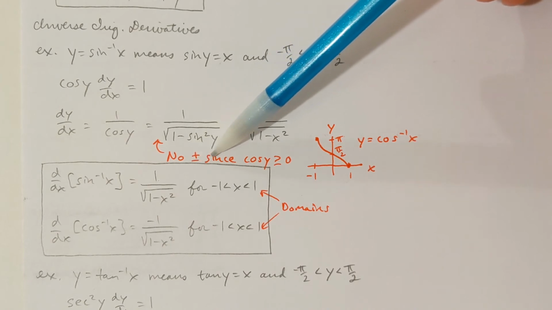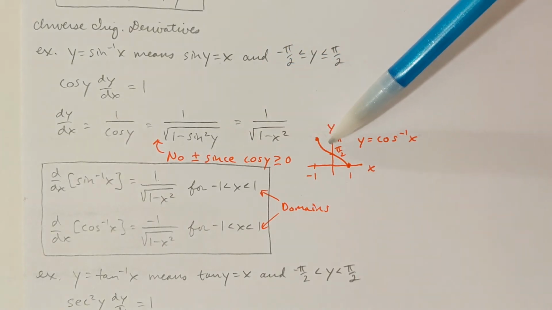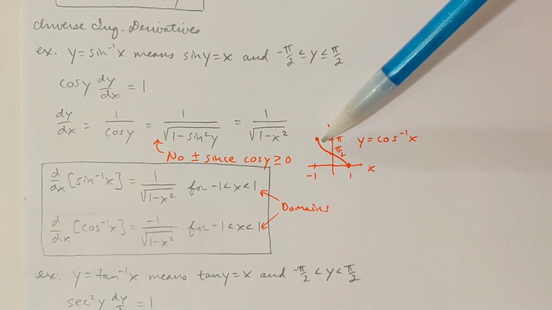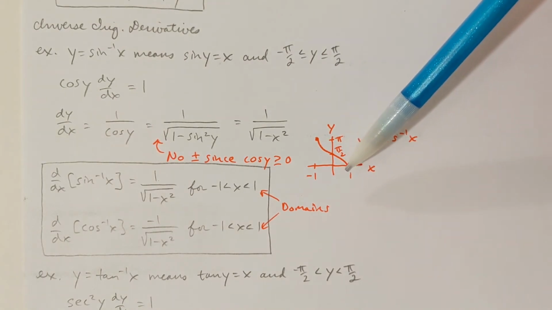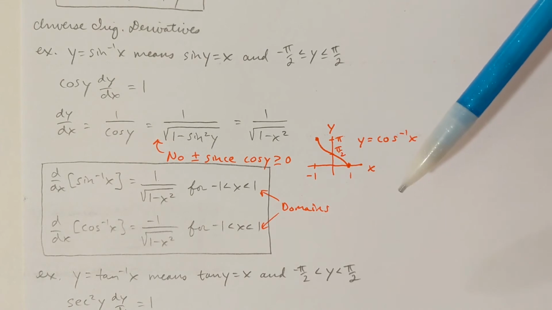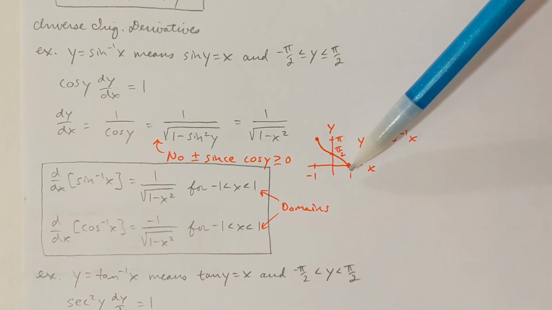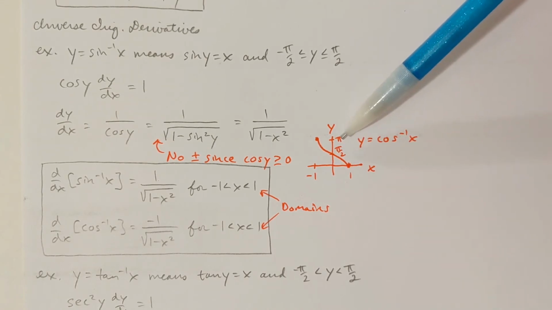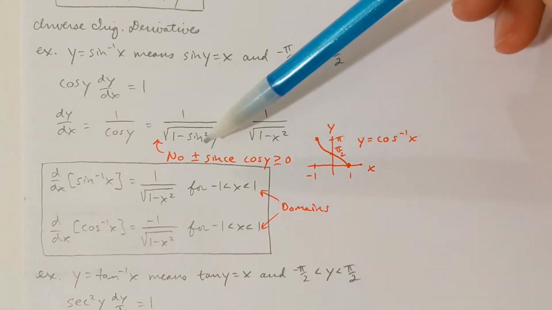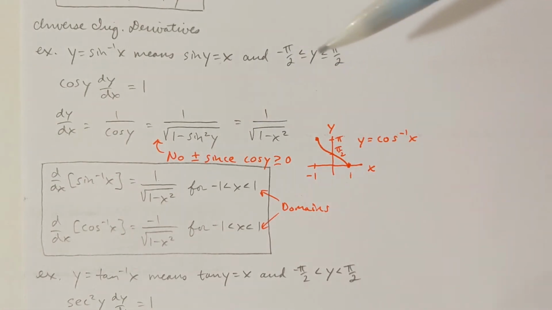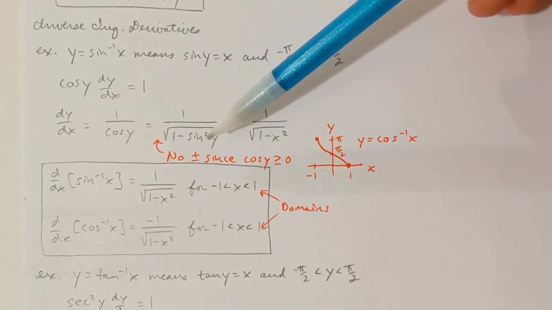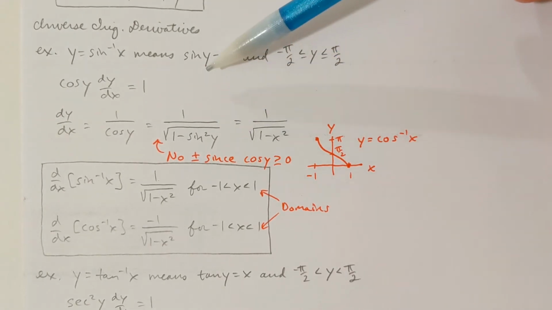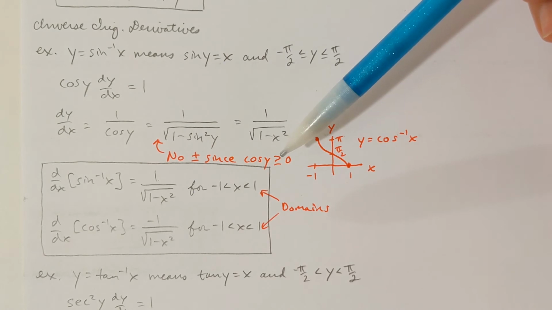Now I don't need a plus minus here, since if you look at the graph of the cosine inverse curve, the y values are already positive numbers. Like this graph is completely above the x-axis, so I don't need a plus minus. Now the reason why I've used that trig identity, the Pythagorean identity, is because sine of y equals x.